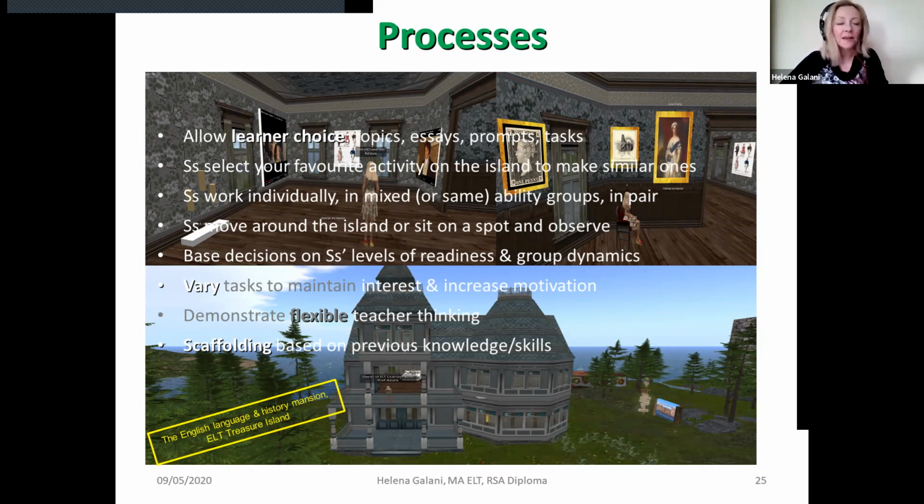So again, there's need to vary the task to maintain interest and increase motivation during differentiated instruction processes. Demonstrating flexible teacher thinking is the idea. And there's a lot of scaffolding based on previous knowledge and skills that the students have.